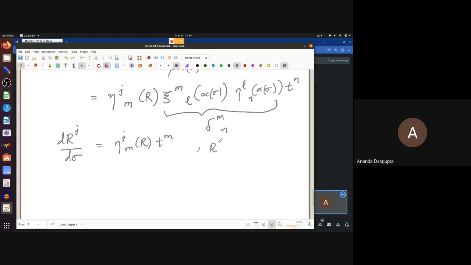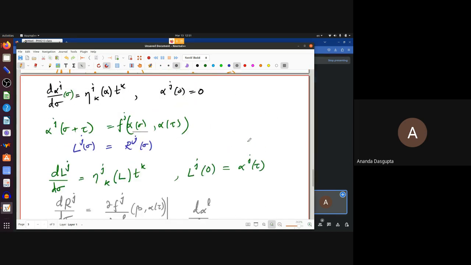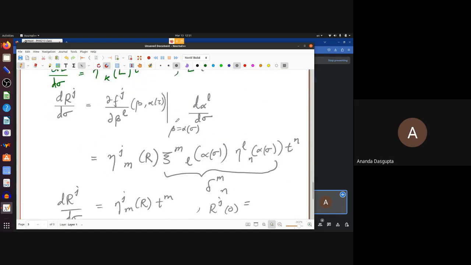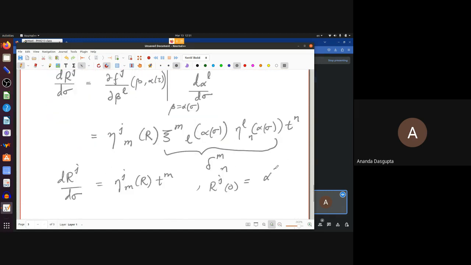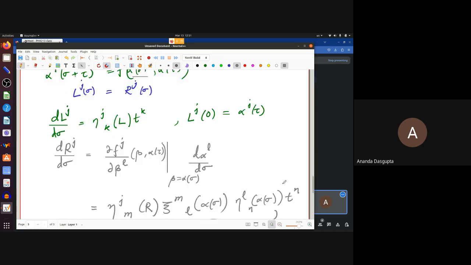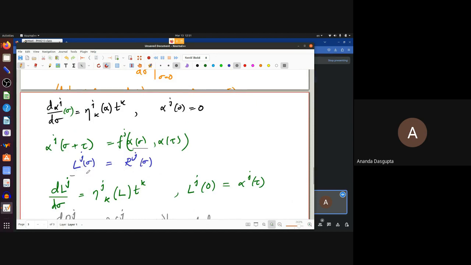And what about Rj at 0? Of course, when you put sigma equals 0, alpha of sigma becomes 0, so fj of 0 comma alpha tau is nothing but alpha j tau. Same initial condition as Lj. So Lj and Rj obey the same initial condition. What we have done: same differential equation, same initial condition.